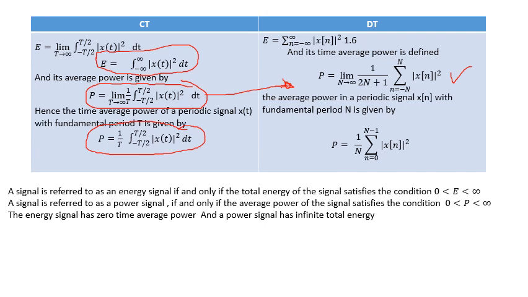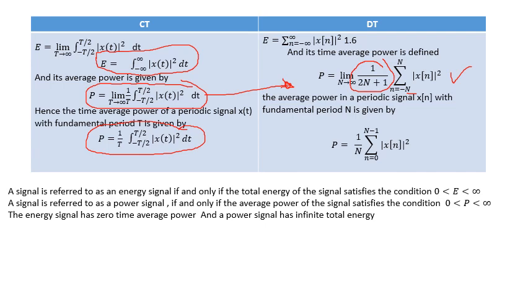Here we can sum from n equals 0 up to capital N, or if we are doing it from minus N up to N, then we scale it by a factor of 1 by 2N plus 1, so it will result in similar values.